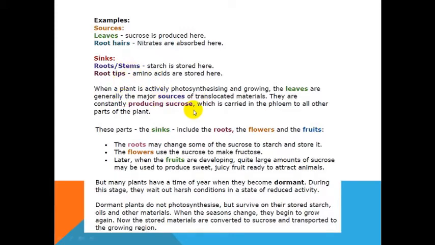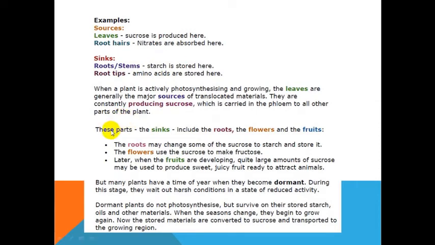If you have two glucose molecules together, it will be sucrose. Glucose is produced in photosynthesis, but whenever it moves, it will be in the form of sucrose molecules. This sucrose will later be carried in the phloem to other parts of the plant.